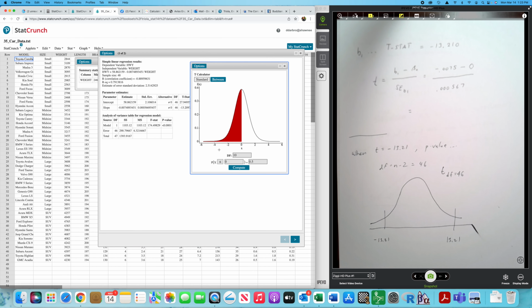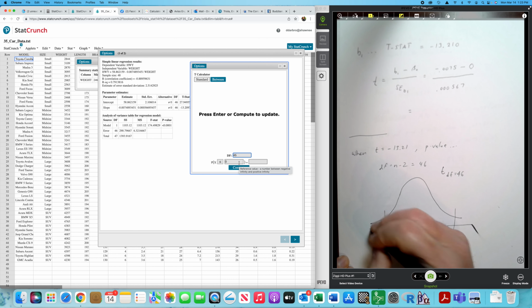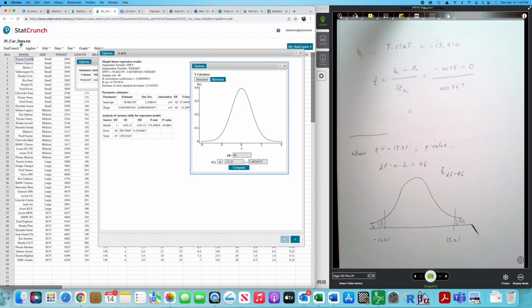So go to the calculator, test statistic, degrees of freedom. Again, you can go above or below because this value is going to be the same as this value. I get one of them and multiply by 2. So I'm going to go just below negative 13.21, and I get a very small number.